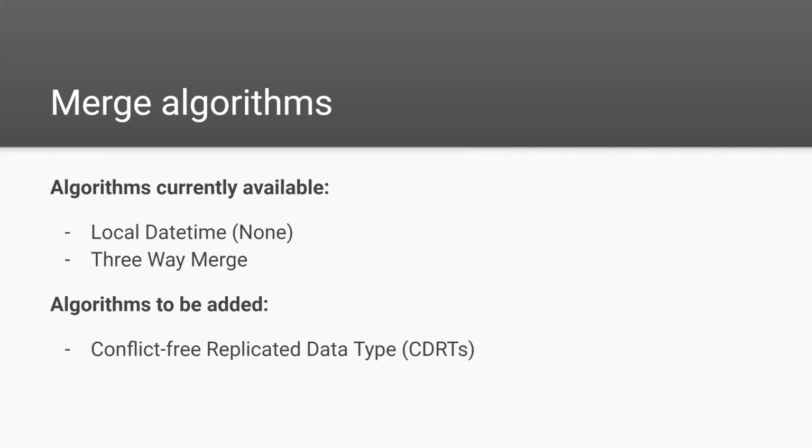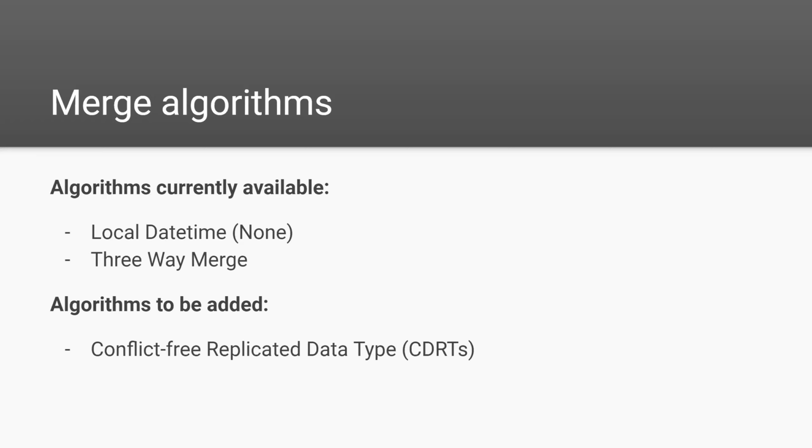So to always have the same information, the delay-tolerant Mongoose has 2 different algorithms. It has a local datetime, which is basically checking the latest write, so it discards the changes from one of the instances. And 3-way merge, which is the algorithm used by Git.